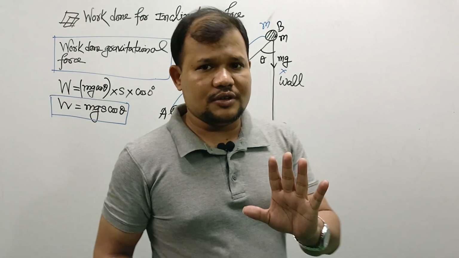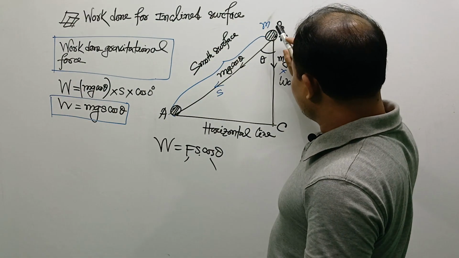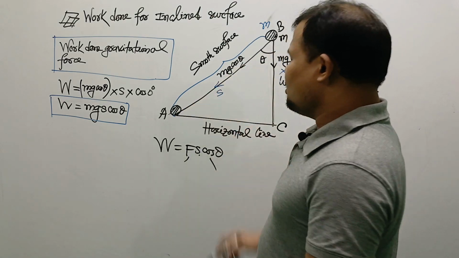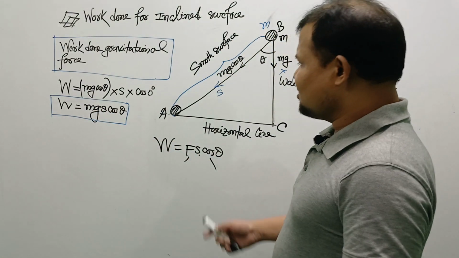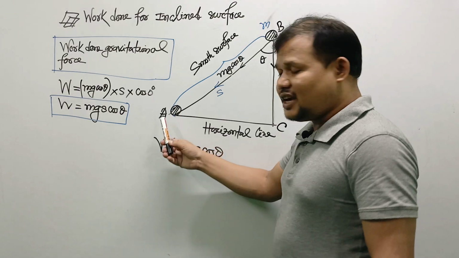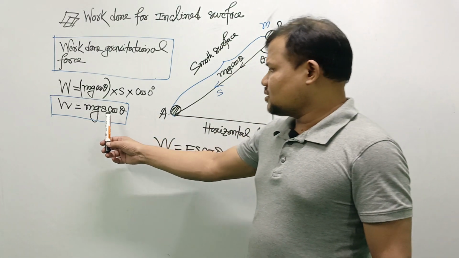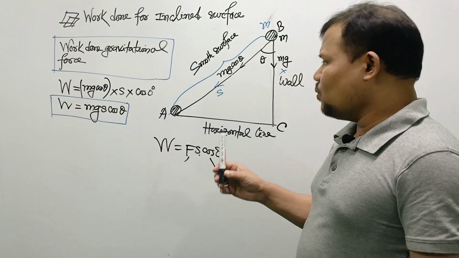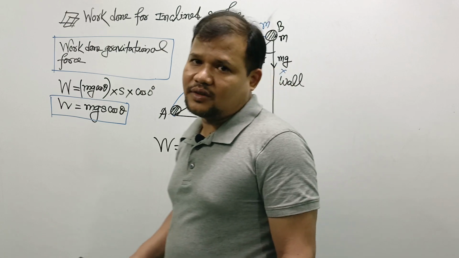Okay, my dear students, always try to understand when we take the object from point B to A. If the object goes from point B to A, then the work done is mg S cos theta. But if we take any object from point A to B, then the same amount of work done will happen, but this work will be against the gravitational force. This is our basic concept.